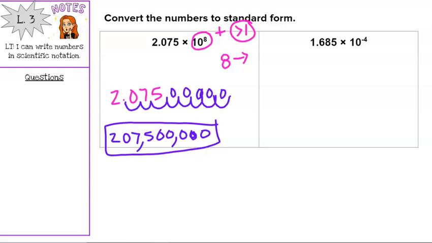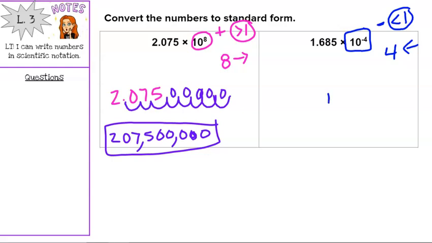All right, we have 1.685 times 10 to the negative 4th power. I'm going to look at that power and see that it's negative, which means my number is less than 1. Since my number is less than 1, I'm going to want to move my decimal point in the opposite direction of the last time, which is to the left. We're going to go 4 jumps to the left to make a number that is smaller than 1.